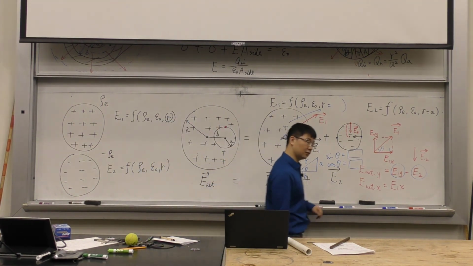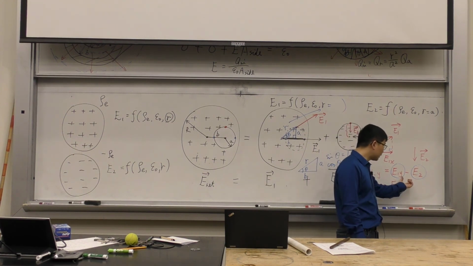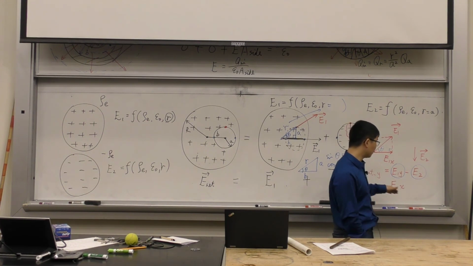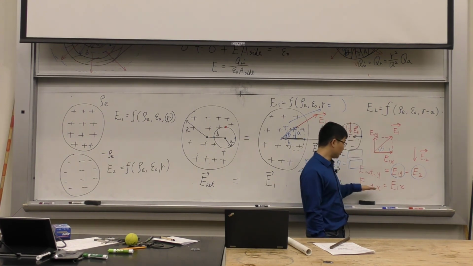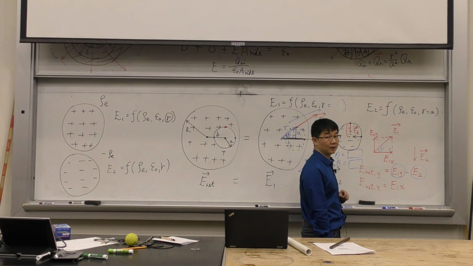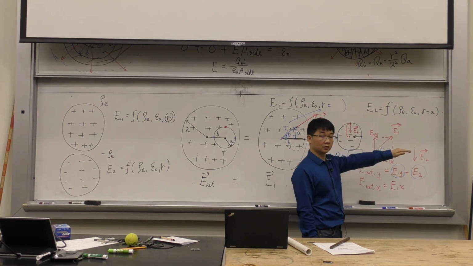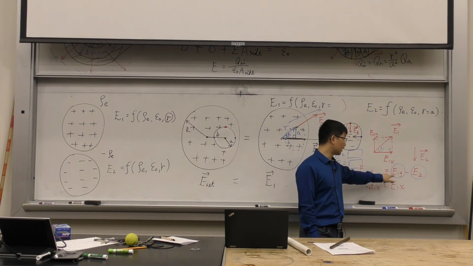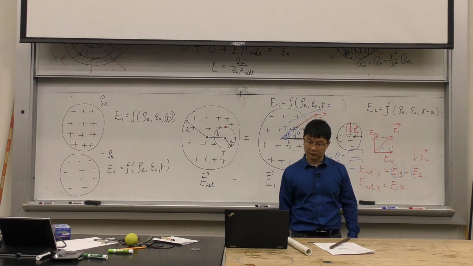You do the math correctly. At the end, you figure out these two guys actually cancel out exactly. Which makes the final answer a little bit easier because you only have an x component left. So at the end, you don't even need to combine these two components for this net electric field, okay? Because it's only going to have the E1x left in that direction, okay? You have to do the algebra yourself. You're going to find out these two guys cancel out, okay?